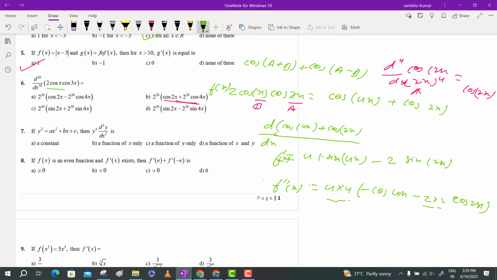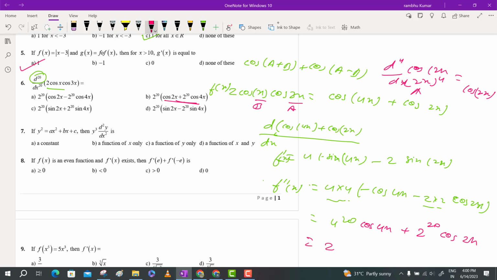20 times. So this will become 4 to the power 20, and now I told you this will repeat after the fourth derivative, which means here we have to find the 20th derivative. So how much will this become? This will become plus cos 4x. Got it? So this means here we can write 4 to the power 20 cos 4x plus 2 to the power 20 cos 2x.